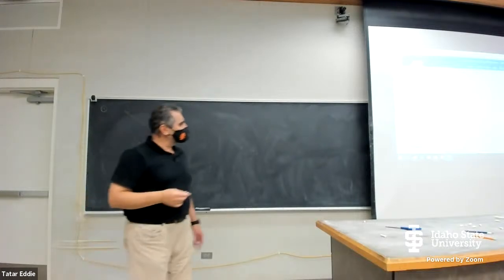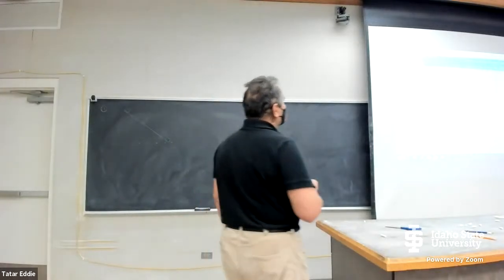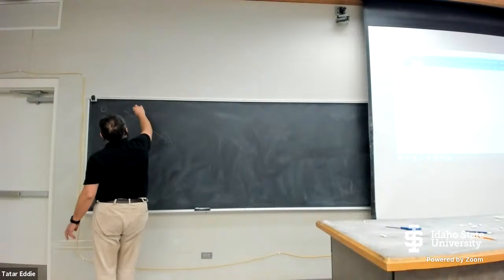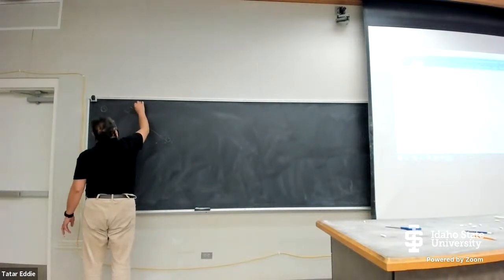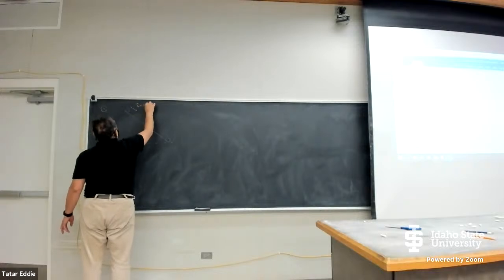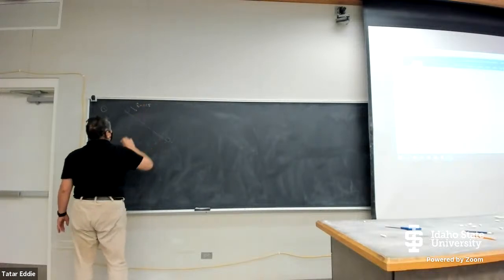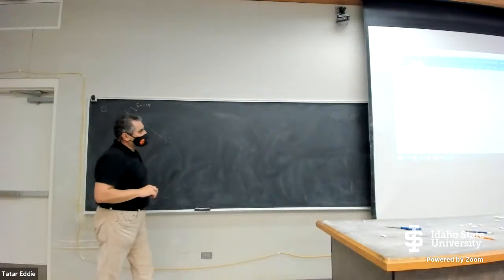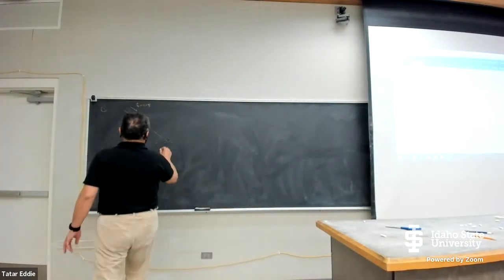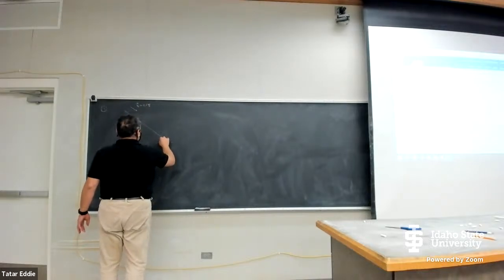Let's see what is given. The initial velocity is v naught equal to 11.1 meters per second. The final velocity, of course, is 0. The angle is given, 17 degrees, or let's call it theta.